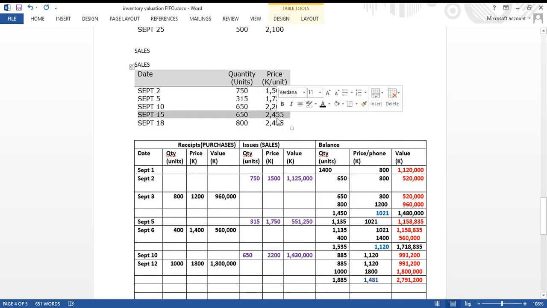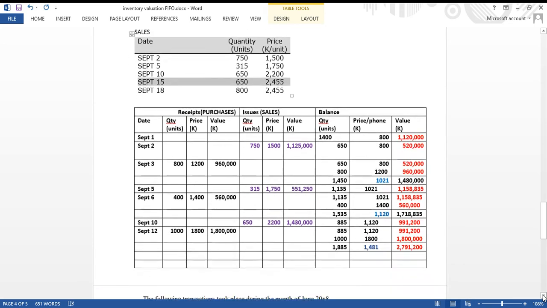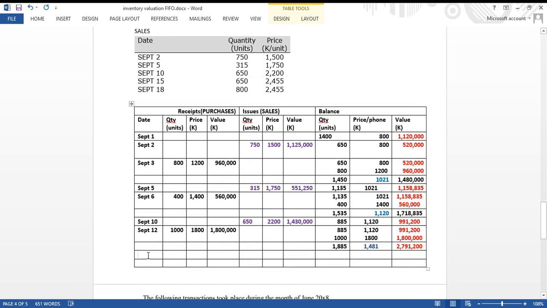We made a sale, 650 units at 2,455. So 650 times 2,455, we get 1,595,750.